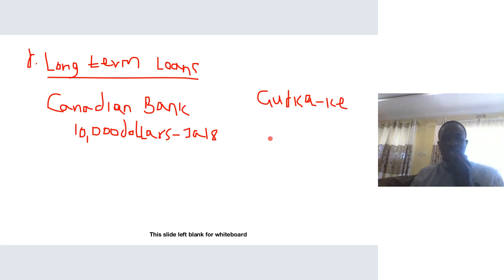So the exchange rate in January 2018, we are given as $1 Canadian to be equivalent to 35.3 Kenya shillings.